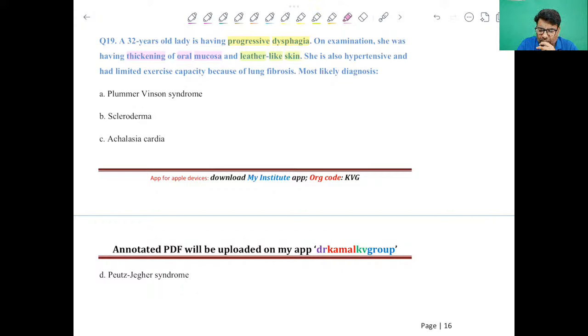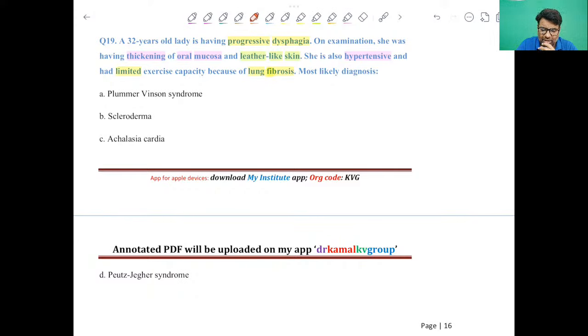She is also hypertensive and she has limited exercise capacity because of lung fibrosis. So you can see there is a multi-system problem affecting GIT. Then she is having skin problem, then there is lung problem. So this is a classical presentation of anyone.